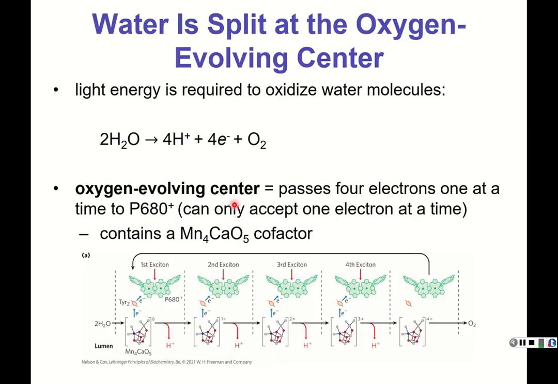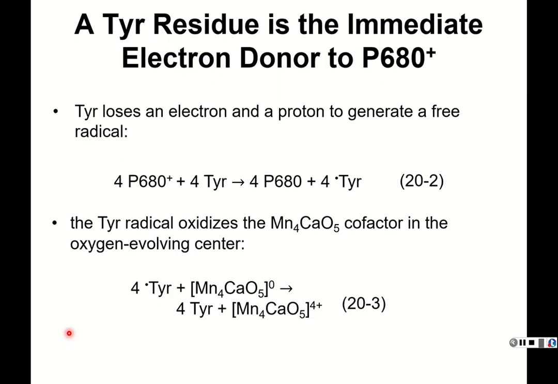What's shown here is that you have a tyrosine residue that helps with this electron transfer. This tyrosine is the immediate electron acceptor from water. It loses an electron and a proton to generate a free radical.